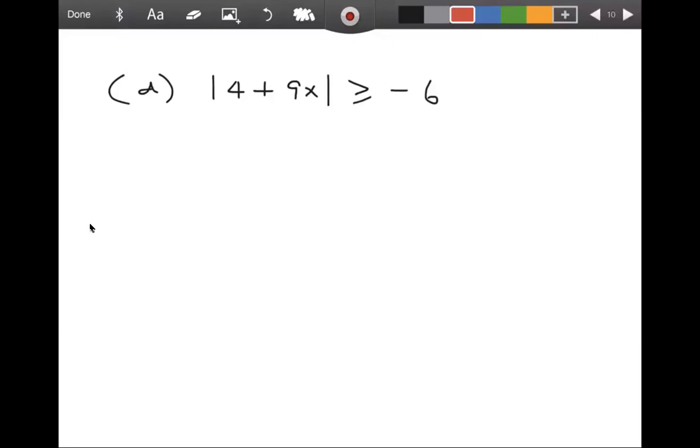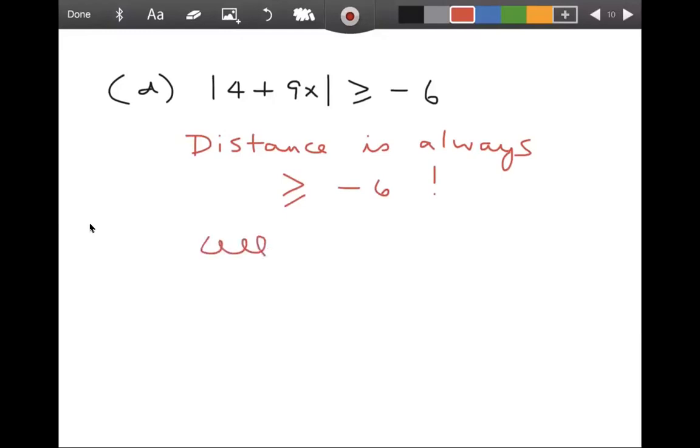So what I would say here is distance is always greater than or equal to -6. So the answer is not no solution. The answer is the exact opposite of that. It is all real numbers, which in interval notation is written like this.